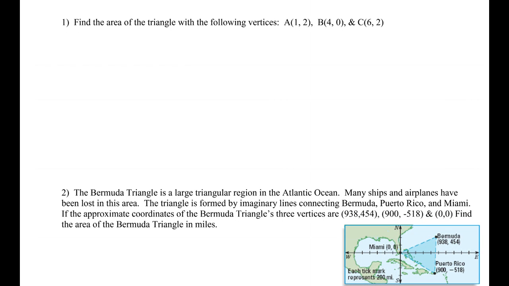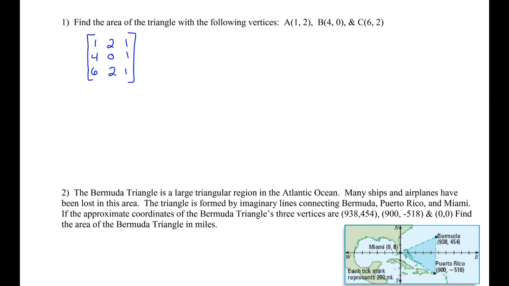So for our next example, we are going to find the area of a triangle with the following vertices. To set up our problem here, the first thing I need to do is find the determinant. So my matrix would be 1, 2, 4, 0, and 6, 2, with a final column of ones.